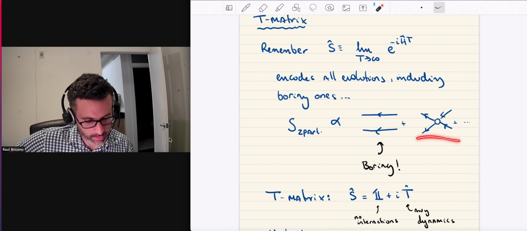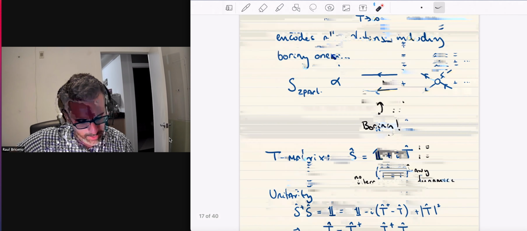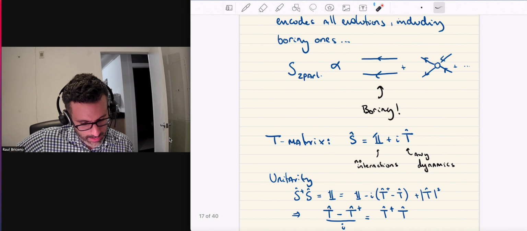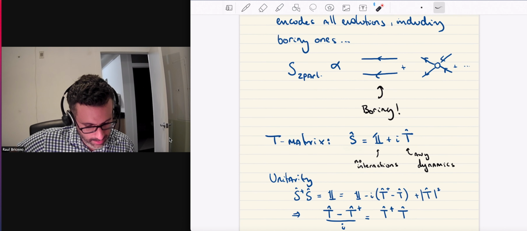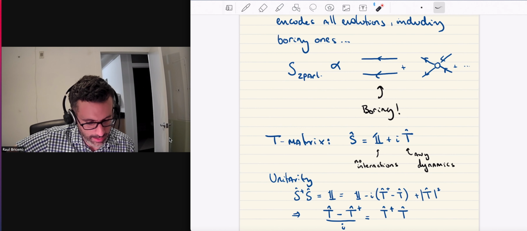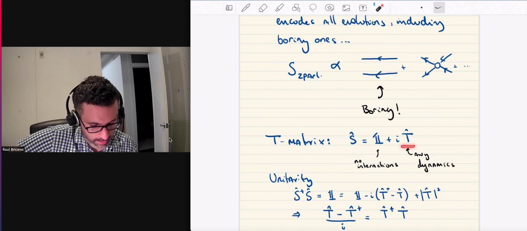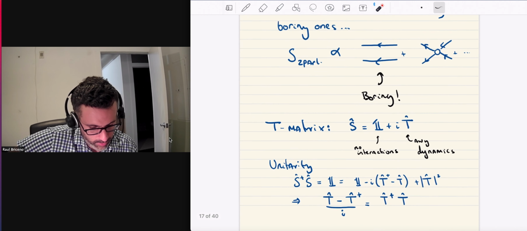And really, what we're interested in is teasing out the interactions between particles, and so the more interesting object is not the S matrix itself, but rather the T matrix, where we factor out an identity. Okay, so we pull out an identity. This would tell us that the particles simply don't interact, and so the T matrix encodes all the beauty, all the dynamics that we're after.